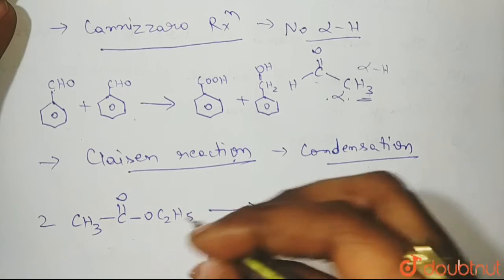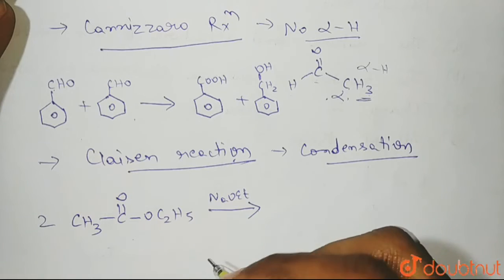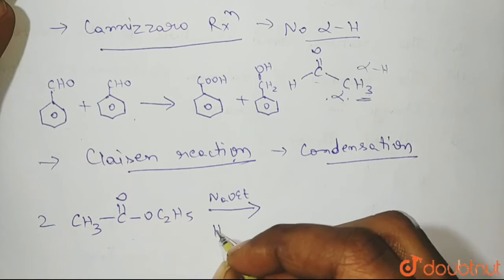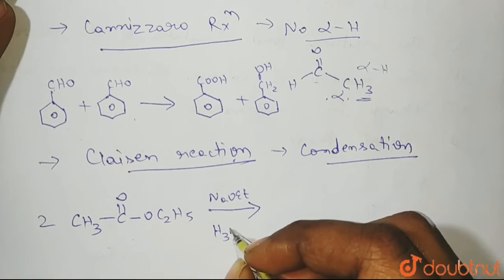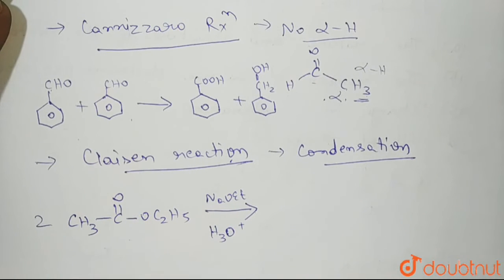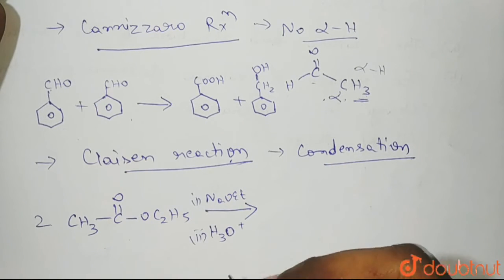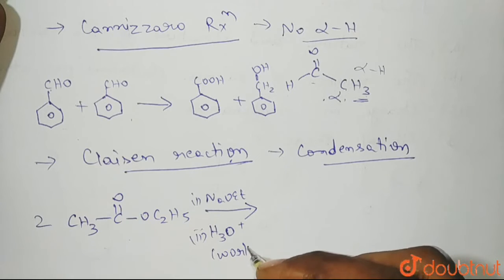This happens in a basic medium. Let's say we take NaOEt, that is sodium ethoxide, and also H3O positive. It occurs in basic condition. H3O positive here is just for the work up of the reaction at the end.